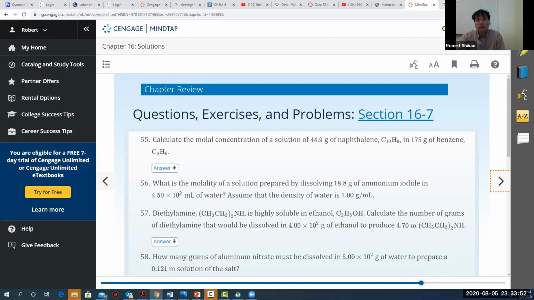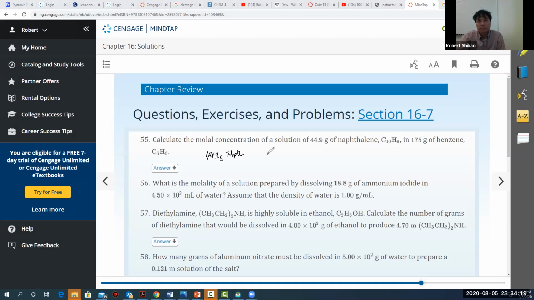And so we want the molal concentration, 44.9 grams of naphthalene and 175 grams of benzene. And so the solute's 44.9 grams. And so here, what we're going to do is go from grams to moles. So we got 44.9 grams of naphthalene, I'll just call it NAPTH.